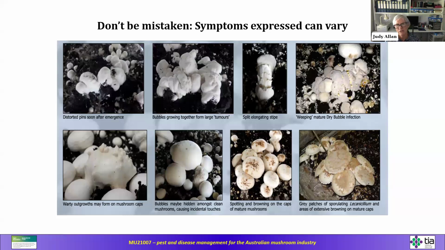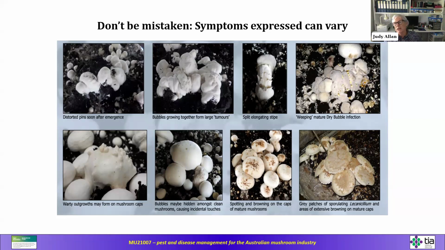And these are the range of symptoms that can be expressed, and they express differently according to when the spore lands on the mushroom. I think that makes training a little bit difficult for pickers, because I see on the signs on doors when people put good awareness things up: if you see this disease, tell us. But which photo do you choose?